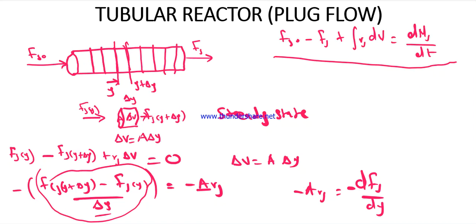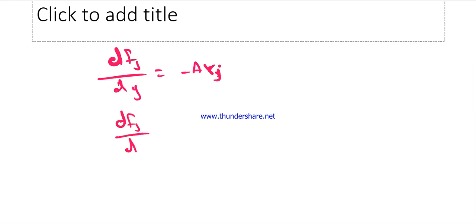So minus dFj/dy equals minus A rj. We can still combine our A and dy to give us dFj/dV, so the minus signs cancel to give us positive.